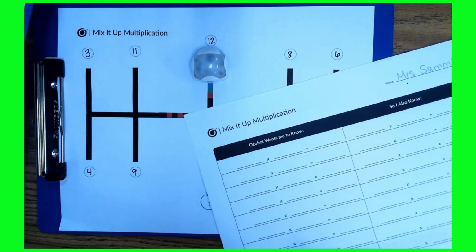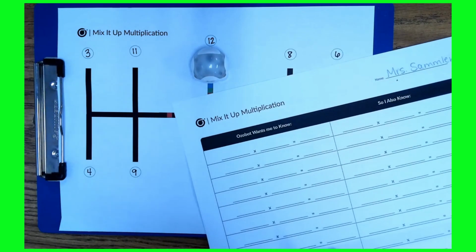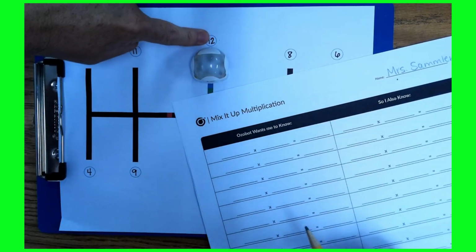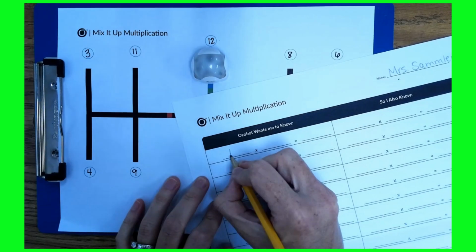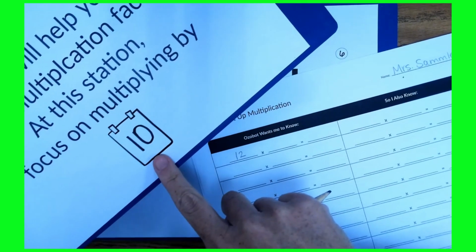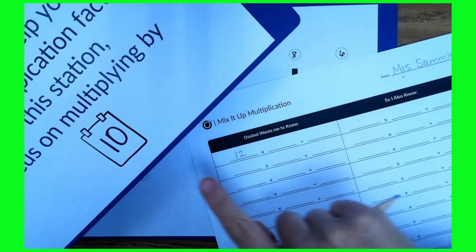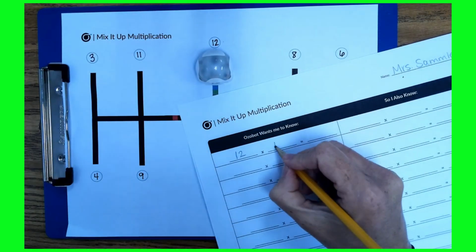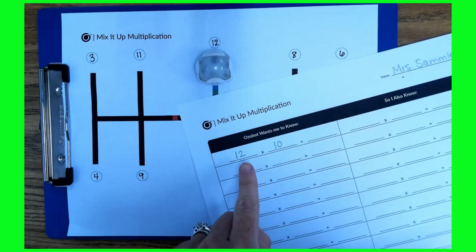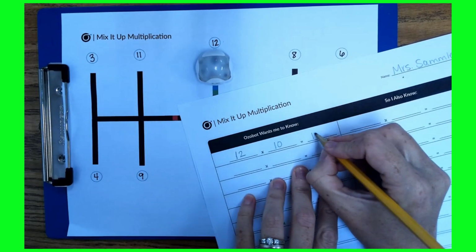The way I'm going to show my teacher that is I'm going to write it on my sheet. So Ozobot wants me to know 12, because that's the number he chose, times 10, because I'm at the table where we're focused on multiplying by 10. And I know that 12 times 10 is 120.